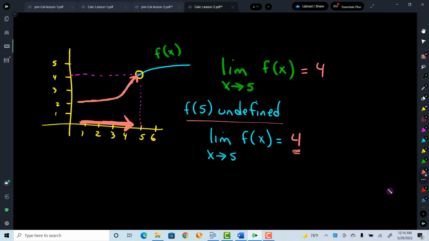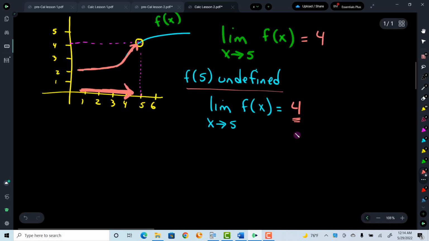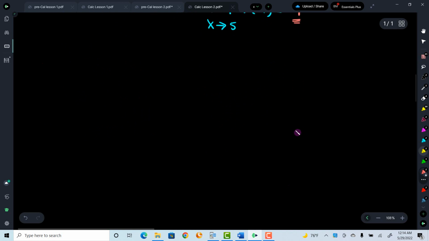It doesn't actually ever equal that, but it's approaching that. Okay. So here's another example. I know this is something that bothers a lot of people, because you're like, well, how can that be? I can't have something approaching. I know it does, but that's okay. We'll get used to it, right?